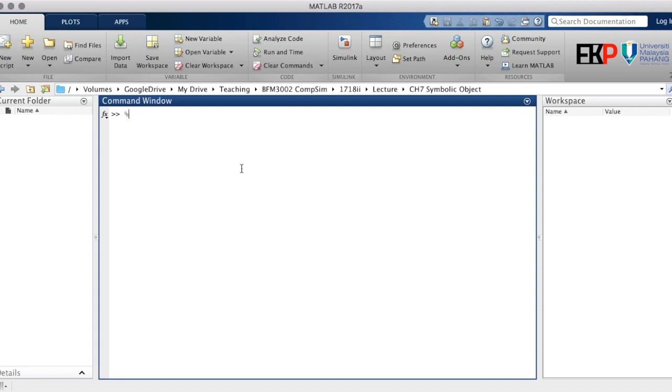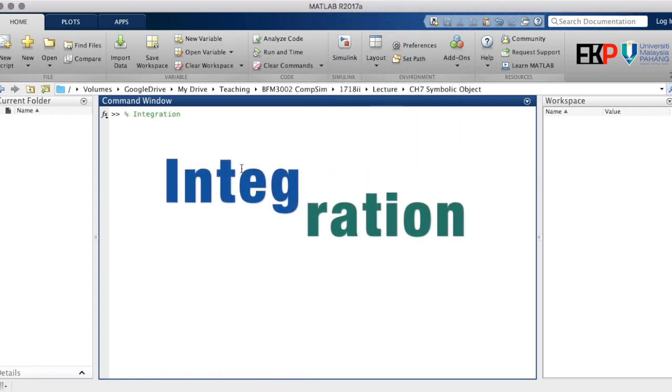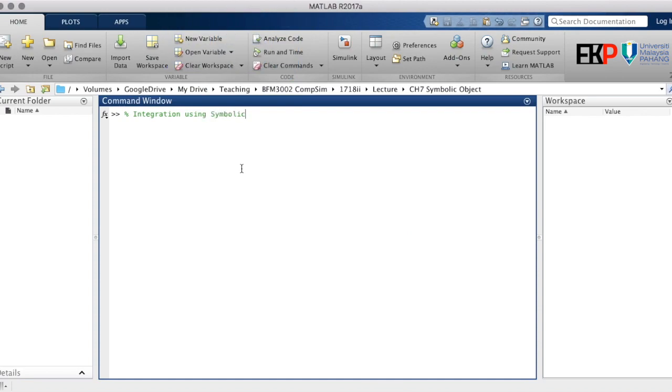We can also perform integration using symbolic math. For example, we have x, y, and t as the symbolic objects, and we have an equation s of 2 times cos of x minus 6 times x.